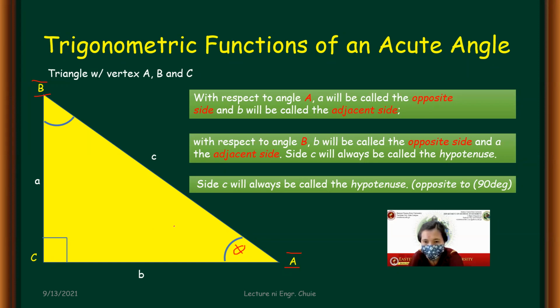The hypotenuse is the side opposite the right angle. This angle here is 90 degrees.